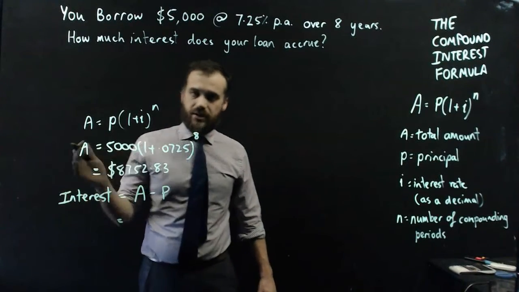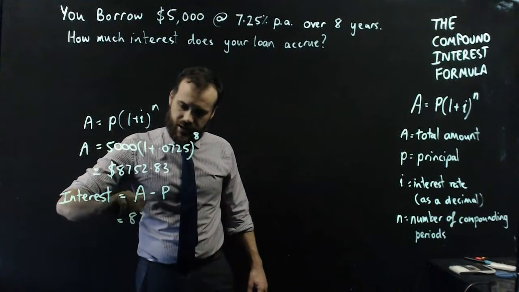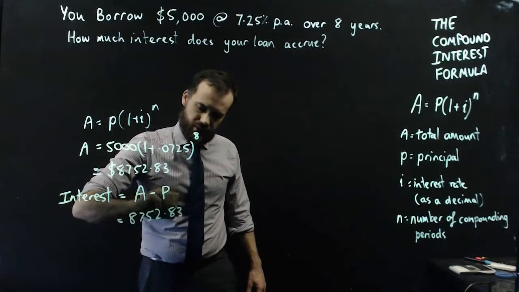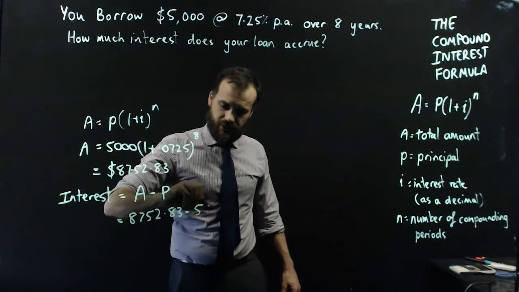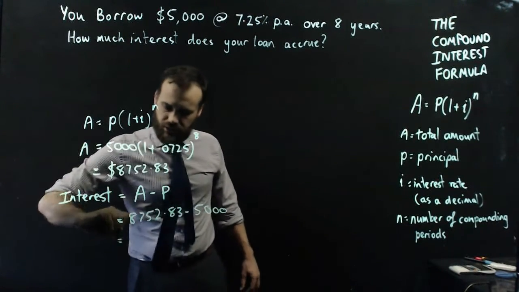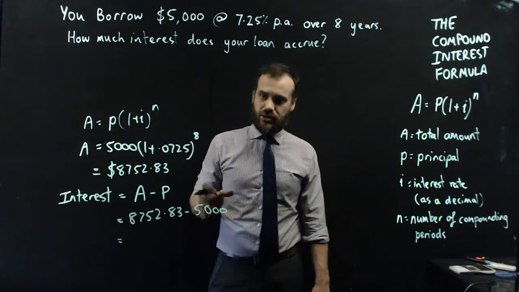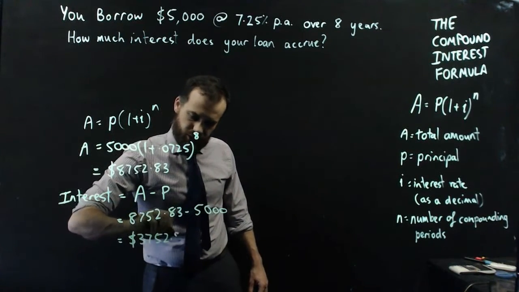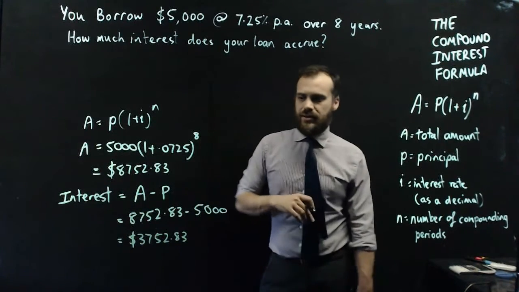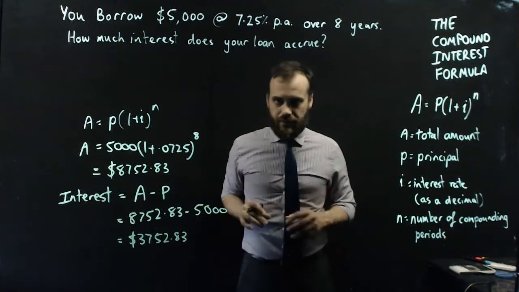So the total amount that you owe at the end of this is $8,752.83. And the principal, the money that you borrowed at the start, is $5,000. So the interest that you were charged was $3,752.83.